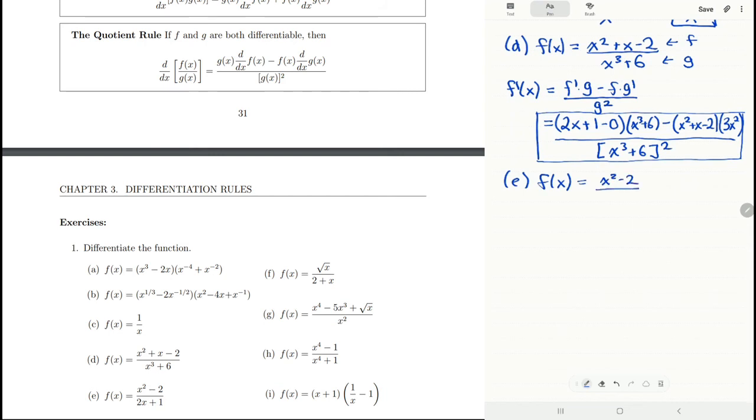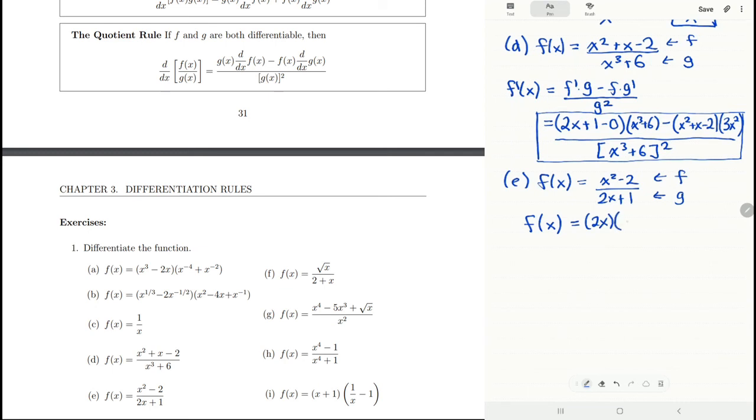So in the next example, we have x squared minus 2 over 2x plus 1. So again, we apply the quotient rule. So x squared minus 2 is our f, and 2x plus 1 is our g. So the quotient rule says we differentiate our f, which is 2x.